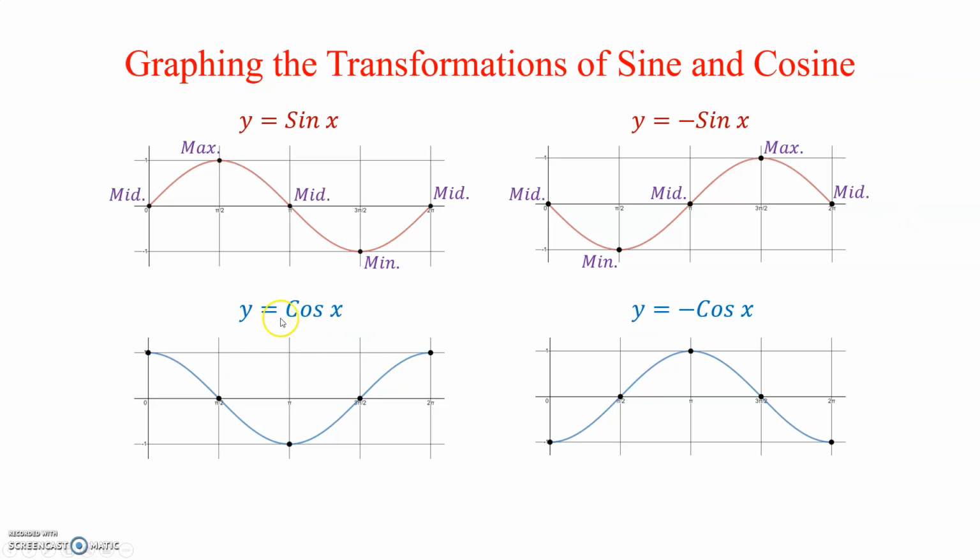Similarly with cosine, if a was positive, we're starting at the maximum, going down to the mid, to the min, to the midline, to the maximum. But if the a was negative, again, the graph is reflected, so what was up is now down. So in this case, we're starting at the minimum to the mid, the max, mid, and min. So the sequence of 5 points will be critical when we look at actually coming up with these 5 coordinates.